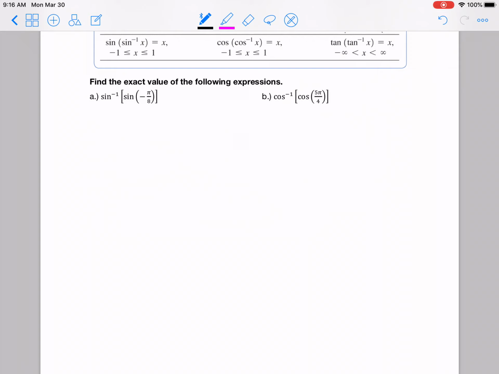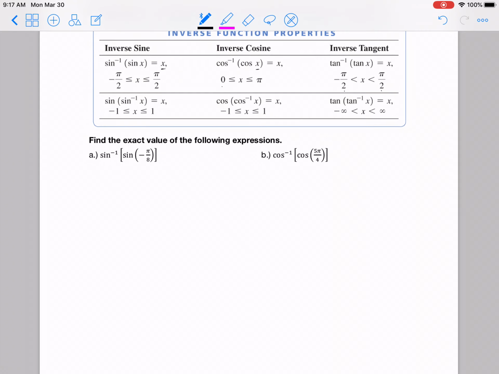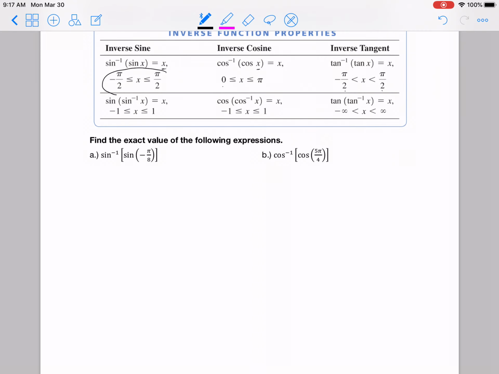So let's take a look at this one. We've got find the arc sine of the sine of negative pi over 8. And so the first thing you ask yourself is, is negative pi over 8 between negative pi over 2 and pi over 2? And the answer is yes. Negative pi over 2 is going to be less than negative pi over 8, and negative pi over 8 is going to be less than pi over 2.